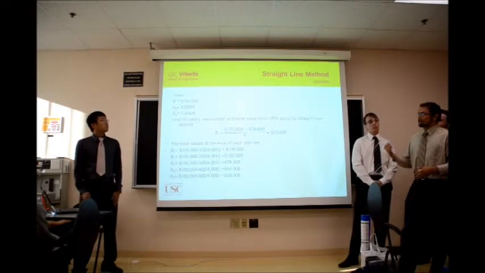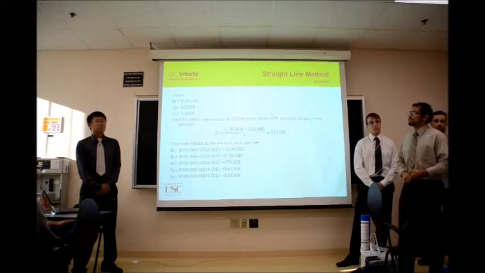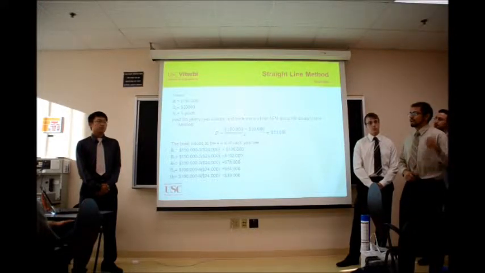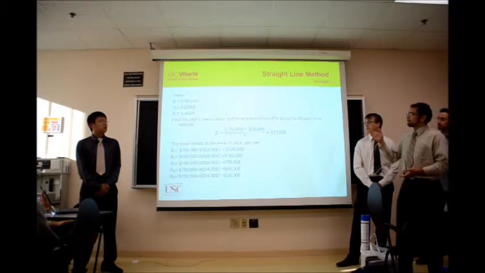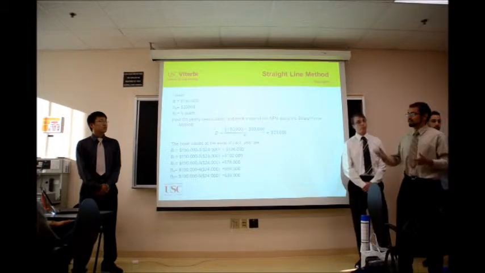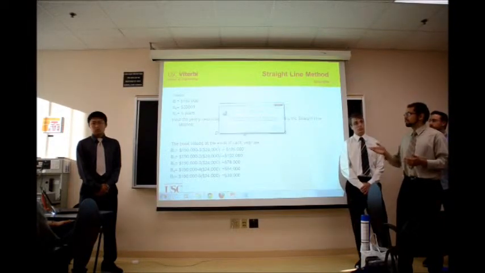For example, in our example, our equipment costs $150,000, and it has a salvage value of $30,000 and a service life of 5 years. Now, to calculate the depreciation per year, you simply subtract $30,000 from $150,000 and divide by 5.